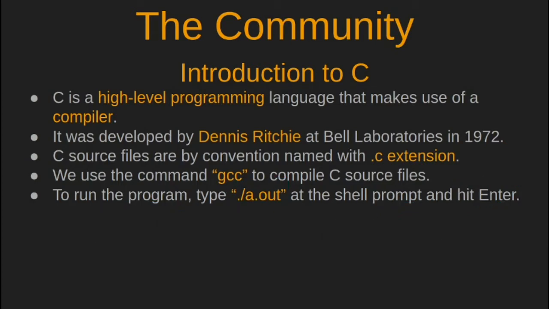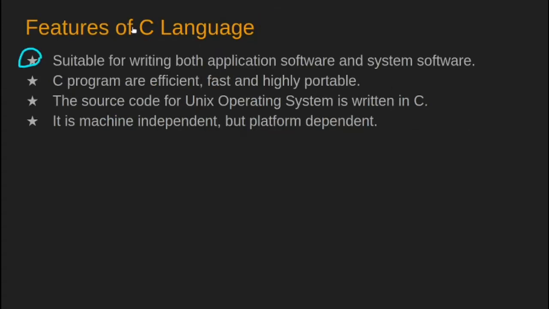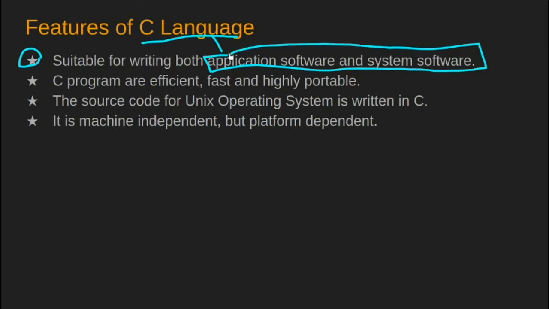Let us now see some of the features of the C programming language. C language is suitable for writing our application software and system software. If you are wondering what application and system software are, we have already covered this in the software video. So if you are someone who doesn't know this, please check out the software video by the community.